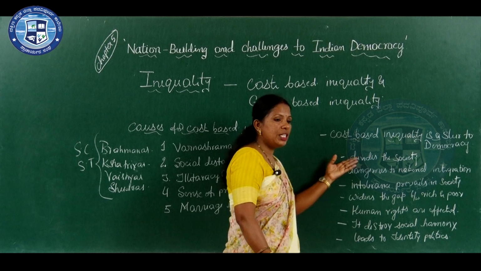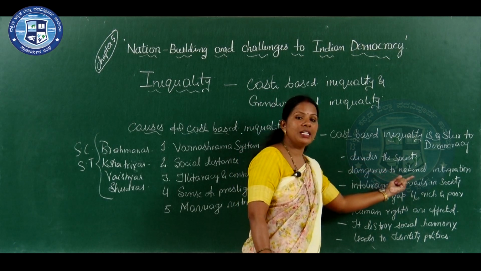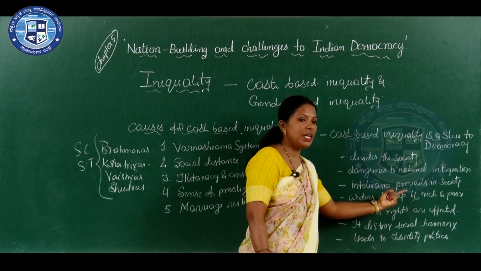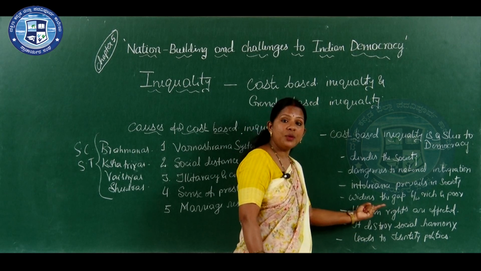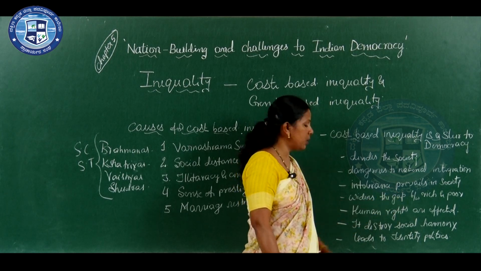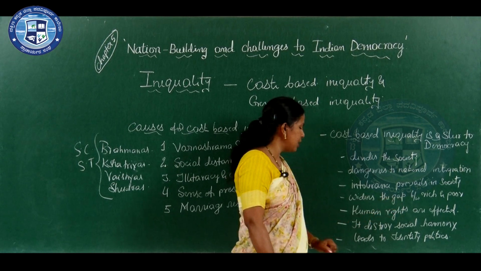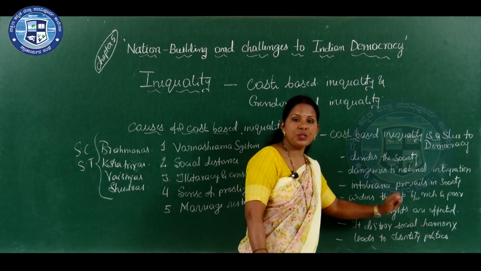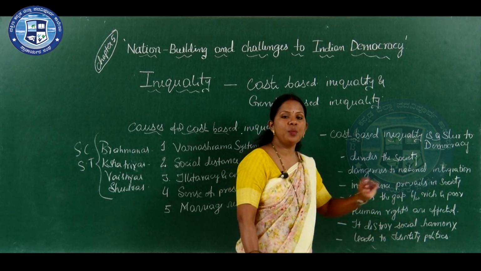It divides the society, it is dangerous to national integration, intolerance prevails in the society, it widens the gap between the rich and the poor, human rights are affected, it destroys the social harmony in the society, and it also leads to identity politics.